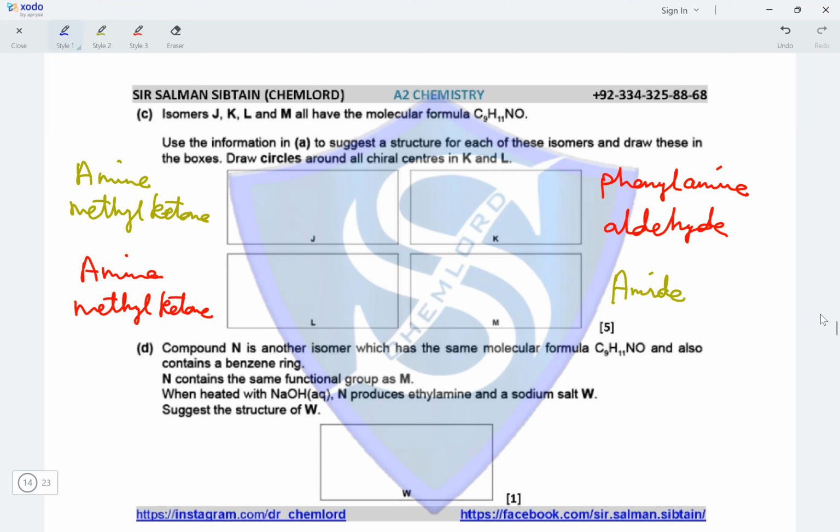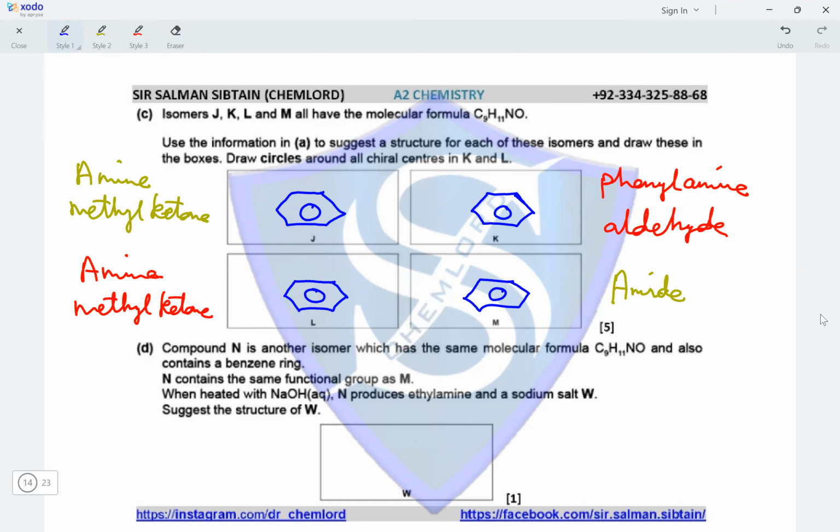So what we do is we draw the benzene ring for all of them. This completes most of the structure. Now to fit in the other functional groups present. So these are the benzene rings for all four of these structures. And now the rest of the molecules.